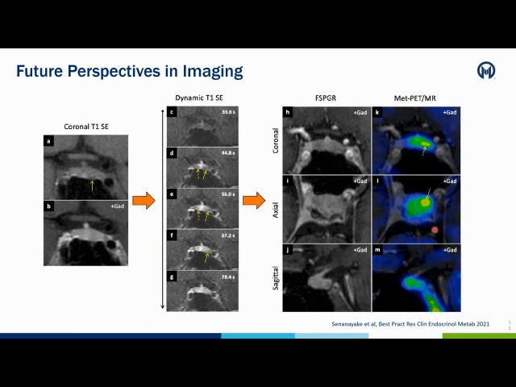There has been a lot of work done from a research standpoint using methionine PET scan merged with MRI scan, with the hopes that it would potentially tell us whether a hypoenhancing area on the MRI has any active function. That's being done from a research standpoint, but not from a clinical standpoint.